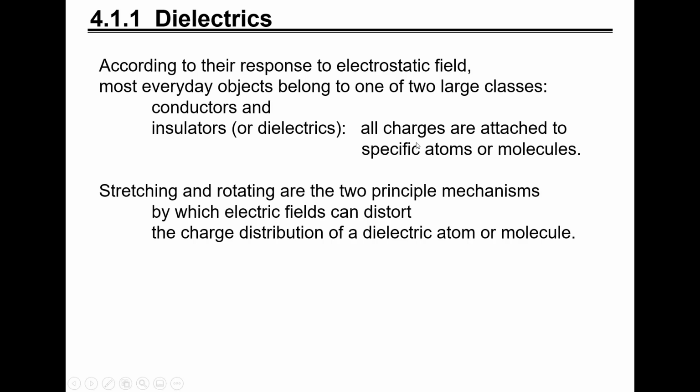So this microscopic displacement is not as dramatic as in conductors. There are two principal mechanisms by which electric fields can distort the charge distribution of a dielectric material. These are stretching and rotating.